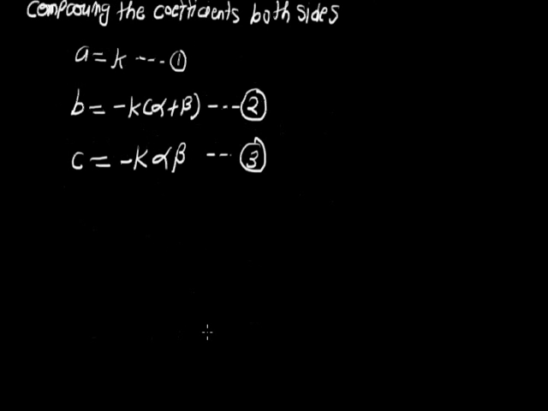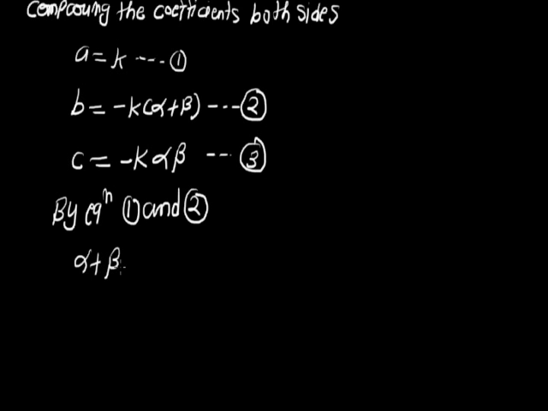Now taking together equations 1, 2 and 3, we can see that the value of a is equal to k from equation 1. So from equations 1 and 2 we can write alpha plus beta is equal to minus b upon a, after substituting the value of k.